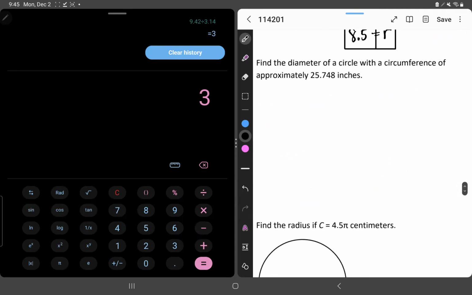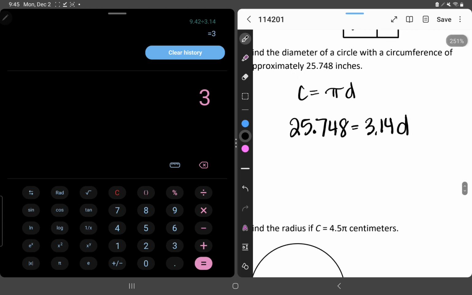This next one says, find the diameter of a circle with a circumference of approximately 25.748 inches. So what formula am I using? We should be using that circumference equals pi times diameter. Okay, what's my next step? All right, so where circumference goes, I'm going to put 25.748 equals 3.14 times diameter.